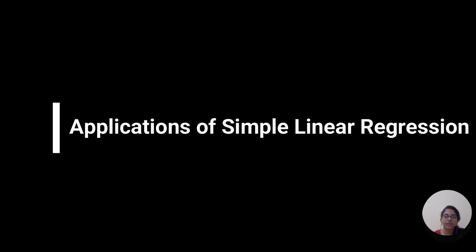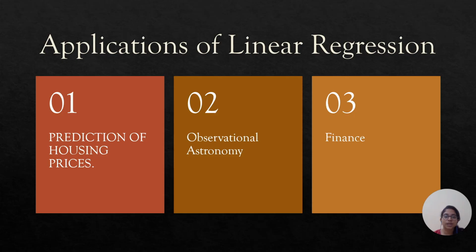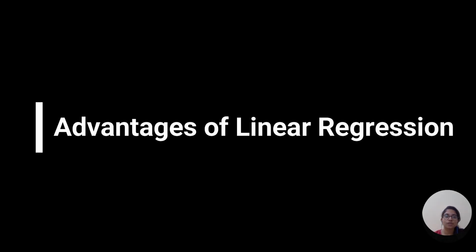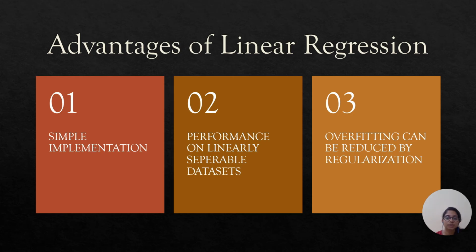Applications of linear regression: prediction of housing prices, observational astronomy, and finance. Advantages of linear regression: simple implementation. Linear regression is a very simple algorithm that can be implemented very easily to give satisfactory results.